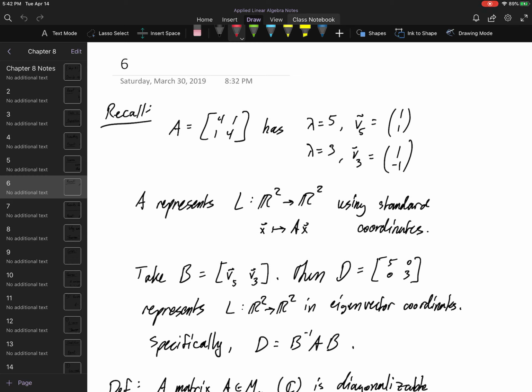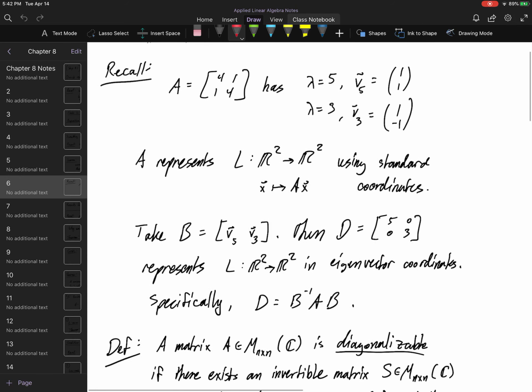It's going to be a diagonal matrix whose entries are exactly the eigenvalues in the order that's presented in B. So notice I switched the order of 5 and 3 so you would pay attention to that. They're not listed in increasing order, they're just listed in some order, but I need to make sure that if the first column of B is associated with lambda equals 5, then the first entry of D must also be the eigenvalue associated with that guy. So in this case, it would be 5.